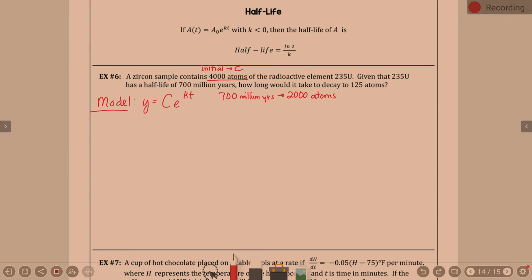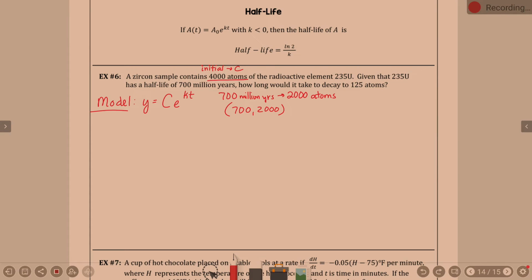We can just throw in 700 million, or we can just throw in 700 and not have to put all the extra zeros. But when we get to the answer and it's saying how long, what do we know we're going to have to label our answer in terms of? Million years. And that means we don't have to throw in so many zeros. We can just say this is 700, 2,000. Okay?